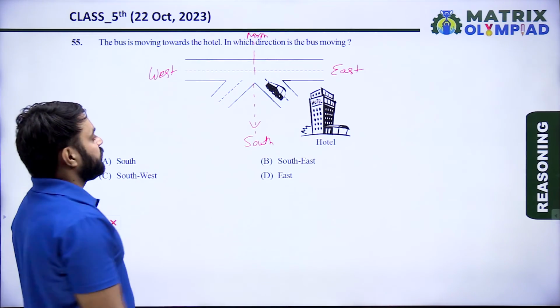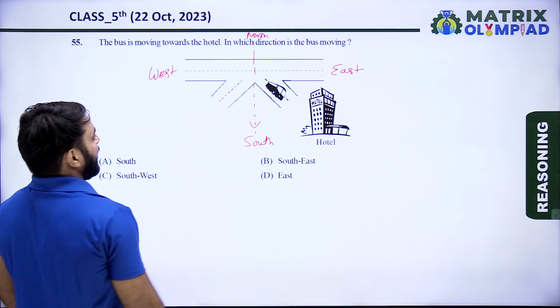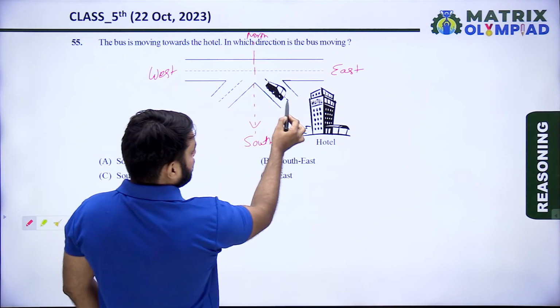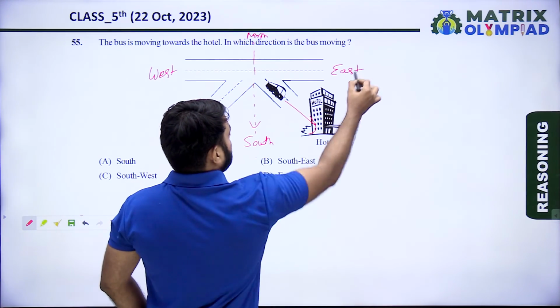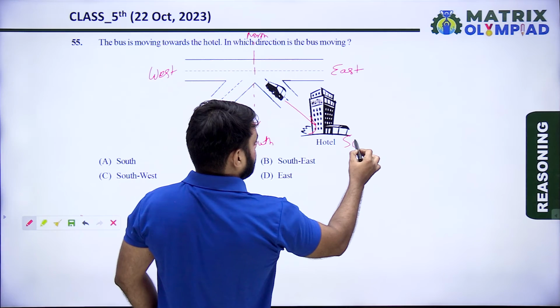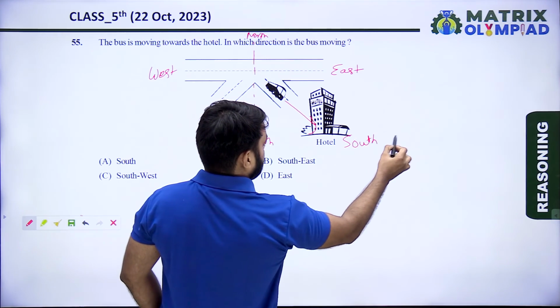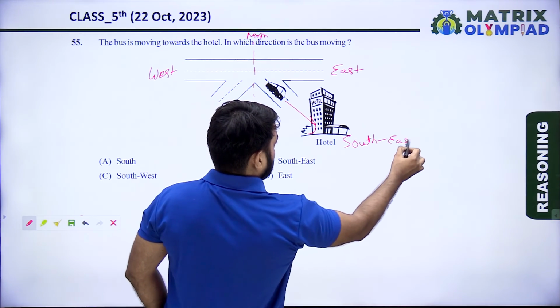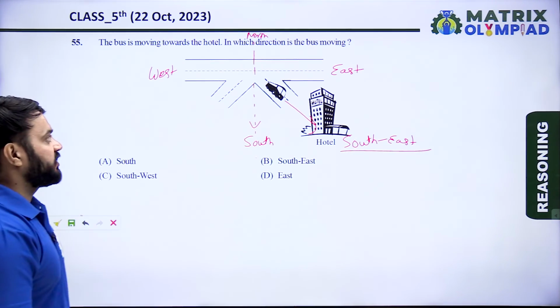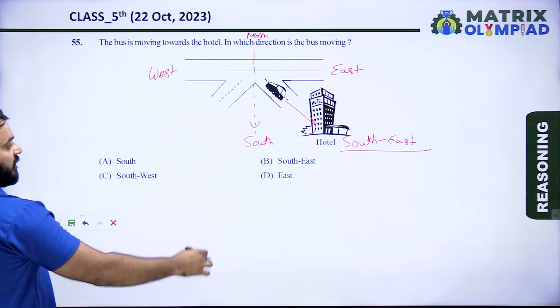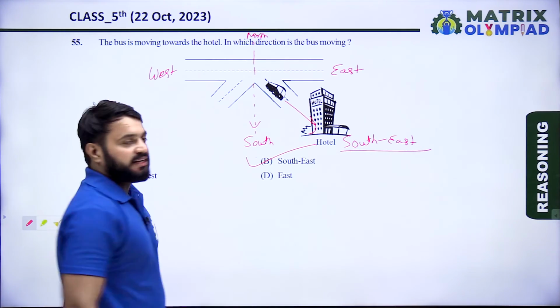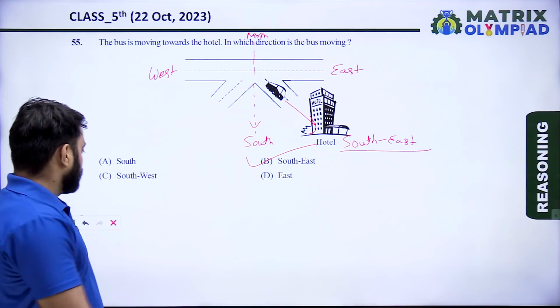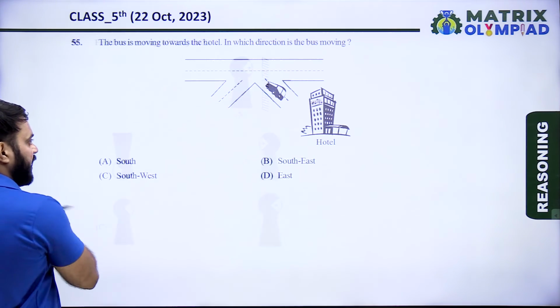So according to the figure, the bus is moving towards the southeast direction. So it means option B is the correct answer of this question. So let's move on to the next question.